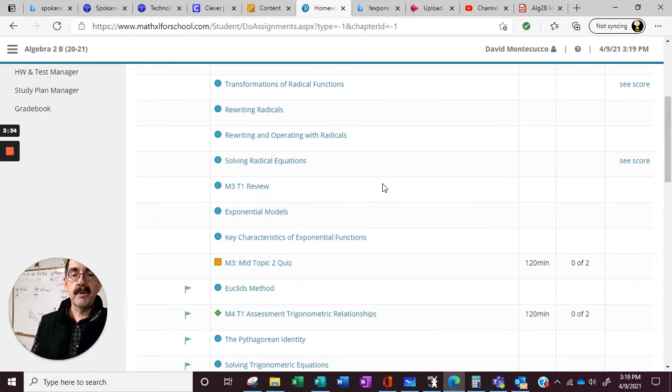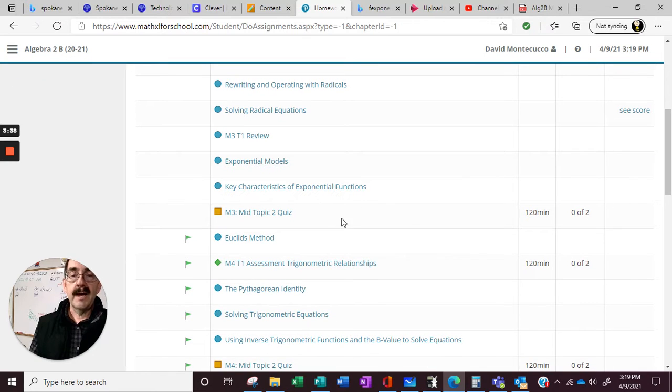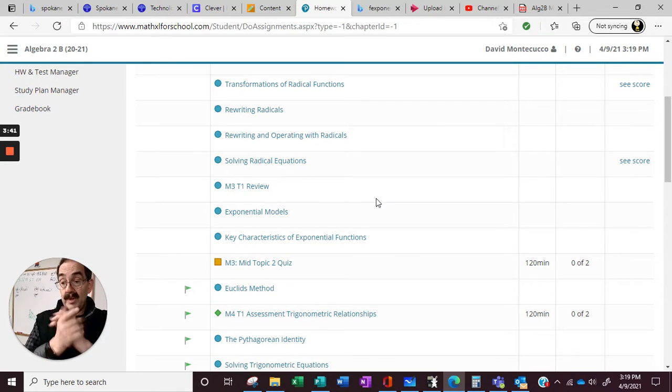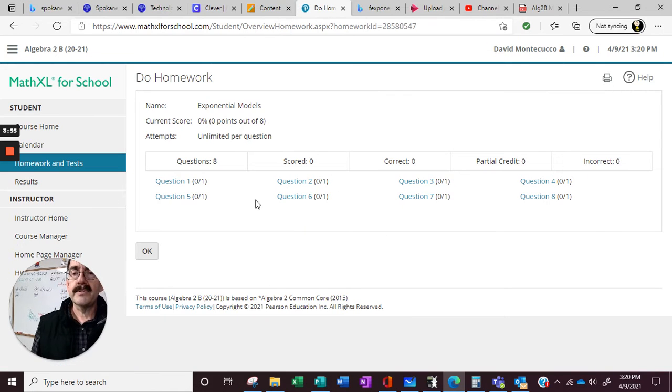We are going to spend a little bit of time though on these exponents, because we need to make sure that we're good at modeling growth and decay. That's where the real world comes in: COVID-19, science. So let's click on our assignment for this week for those of you moving on. Exponential models.